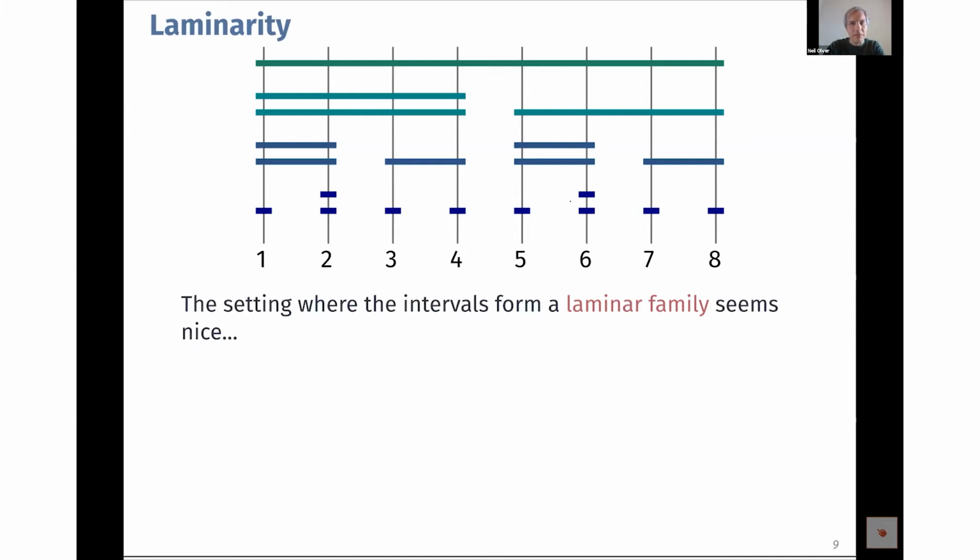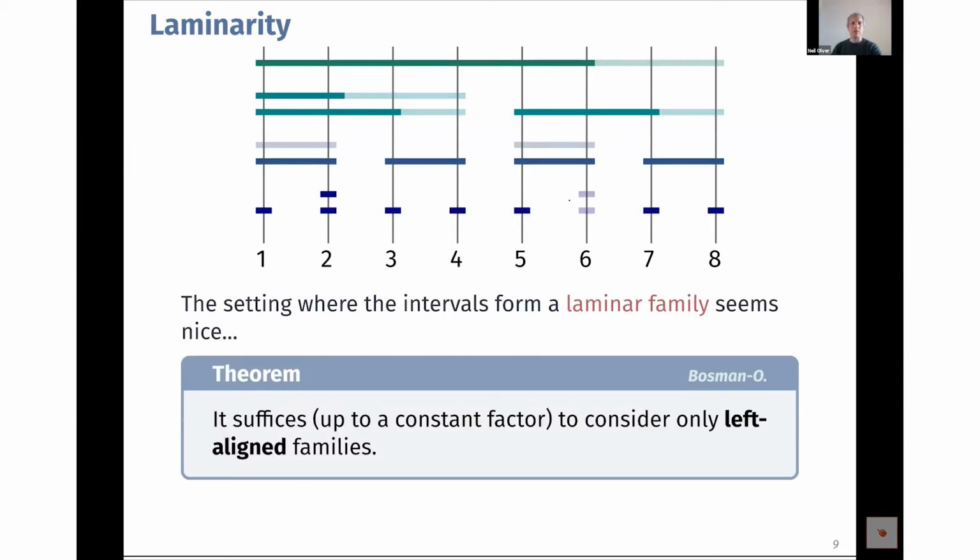We can't quite simplify the problem to laminar intervals, but we show that it's sufficient to solve the following type of instance. Start with a laminar family, like I've shown, where things are dyadic, so the time periods are just doubling at each level up the laminar family.